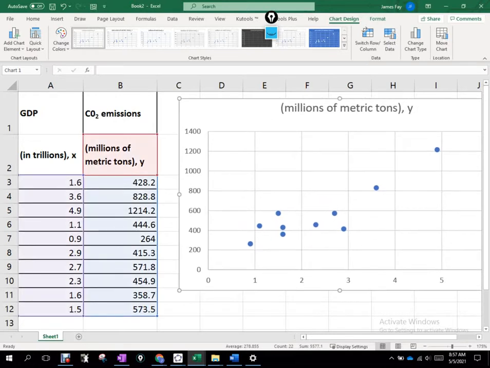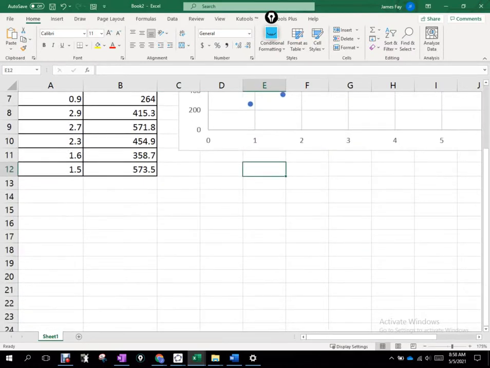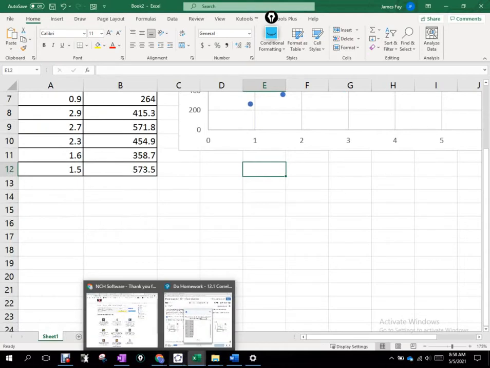You can see that it looks like there's probably a linear correlation here, right? But that's subjective. If I just say yes, there's a linear correlation, I don't know the degree of it. I don't know if that's actually 100% true. I could be wrong. So we want the data to produce this for us. So that's the scatter plot.